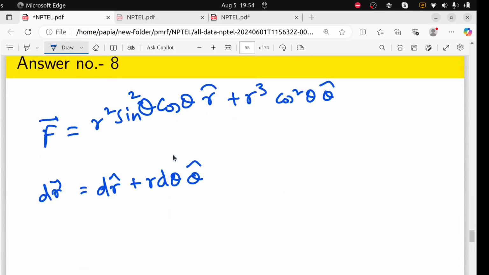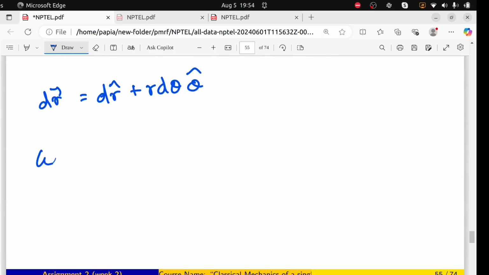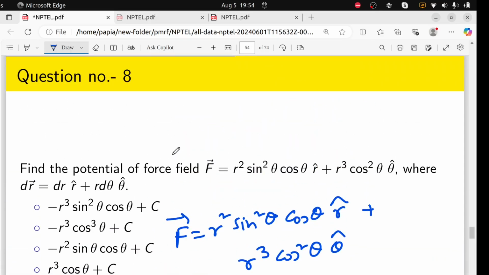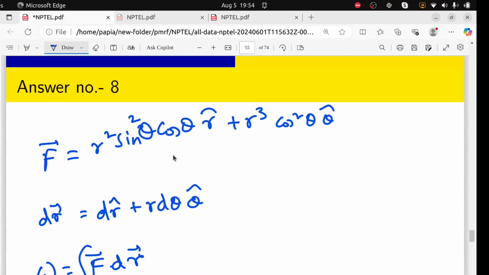Right. So work done is F dot dr. Right? No, potential. We are talking about potential. Sorry.